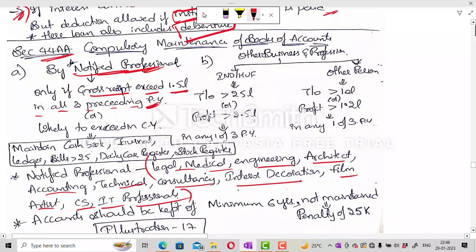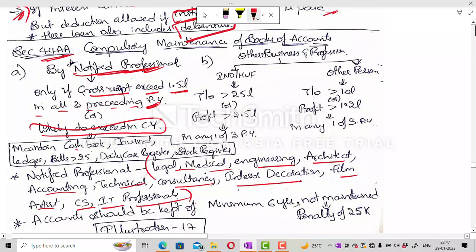Previously they have not exceeded, but it was pretty sure that in the current year they may exceed 1.5 lakhs. Then they have to maintain books of accounts. See, actually this is mandatory, because any of the professionals will be earning more than 1.5 lakhs per annum. Obviously everyone will be earning that amount, so all these professionals have to maintain books of accounts.